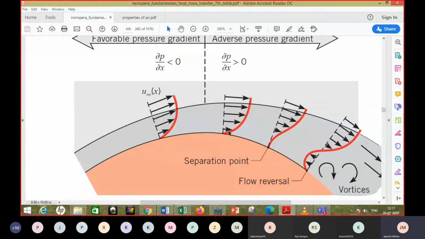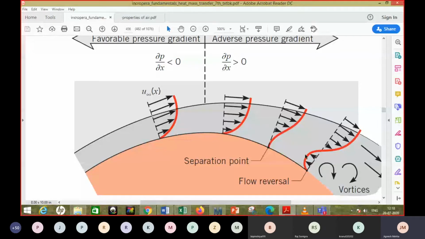Here it was all positive, that is, u was increasing with y. Here u is not increasing with y, so du by dy is equal to 0 right here, and here it has become negative. So there is a reversal, as you can see.